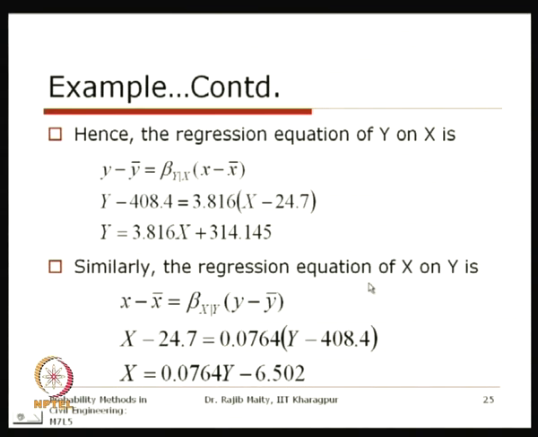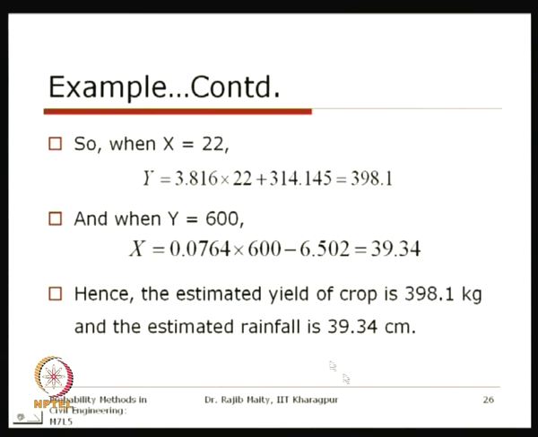Similarly, we can get the regression equation of x on y, which finally gives x equals 0.0764 y minus 6.502. With these expressions, the question was: when x equals 22, that is, when the rainfall is 22 centimeter, what is the yield?